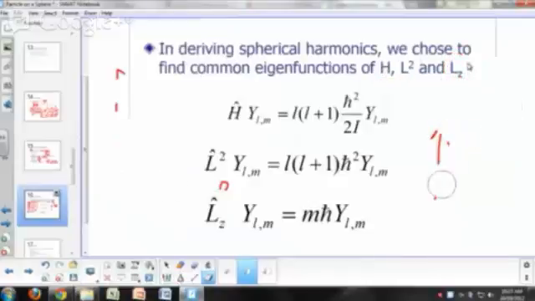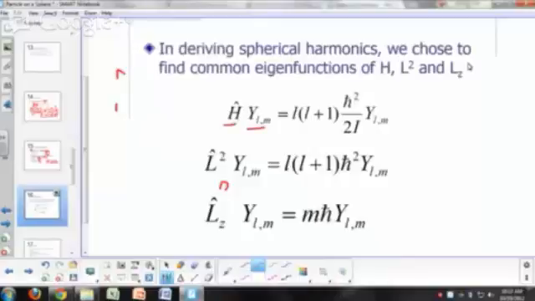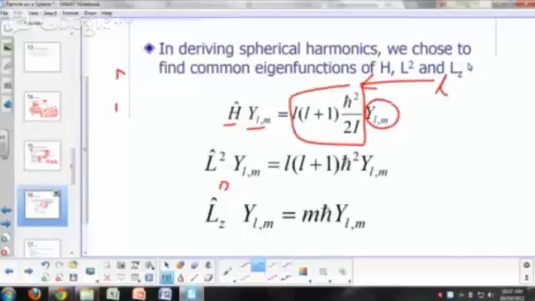So if you apply the Hamiltonian operator on your spherical harmonic with quantum numbers L and M, you'll get back a constant times the original function. What is this constant? That's just L times L plus 1 times the rotational constant. That's your energy. Energy is well defined. We did say the spherical harmonic is the stationary state for your particle in the sphere.